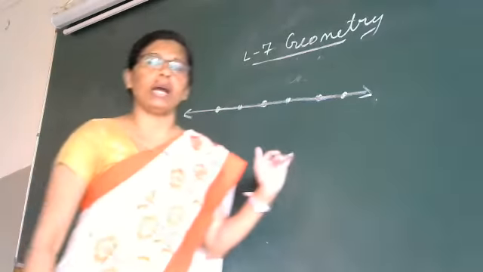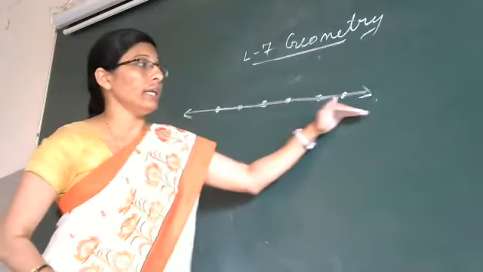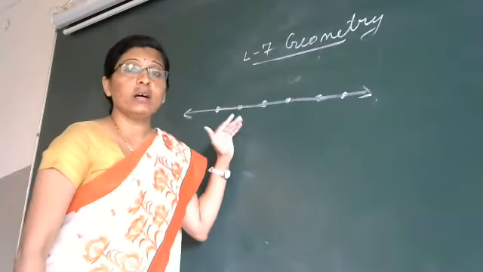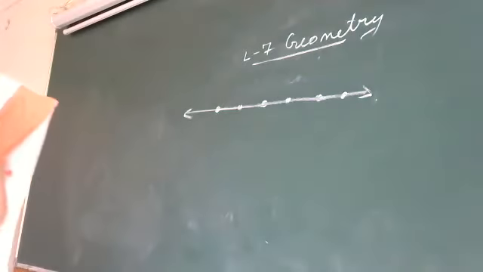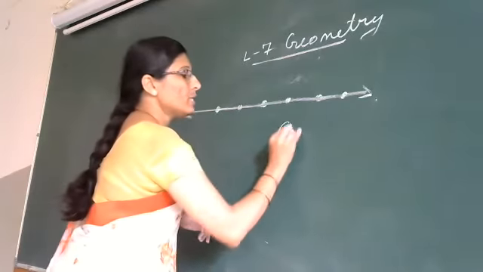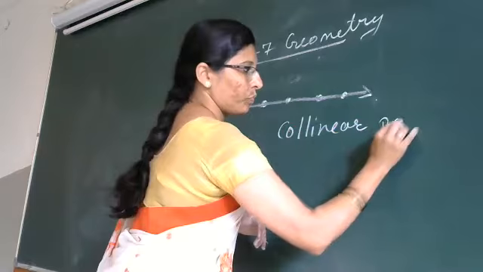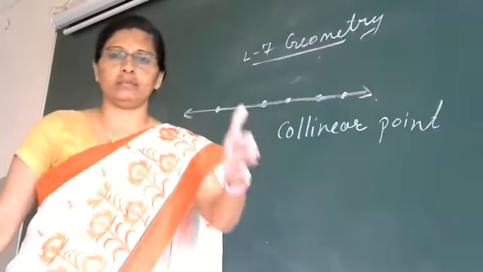How many points I want, I can take. So if a straight line is passing through these points, these points are known as collinear points. Collinear points.